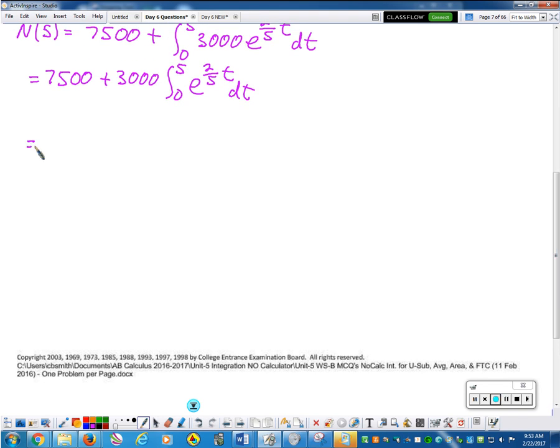Use the antiderivative rule. So we have 7,500 plus 3,000. The antiderivative of e to the ax plus b is 1 over a, e to the ax plus b, evaluated from, there's Ty's question again.